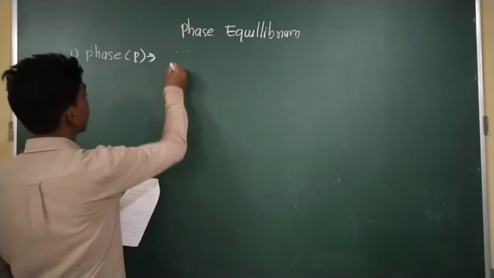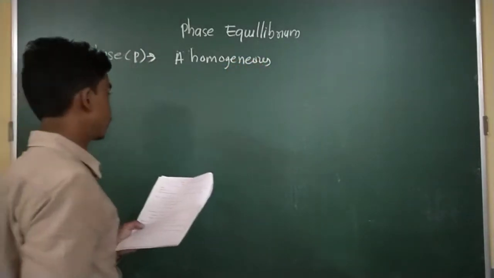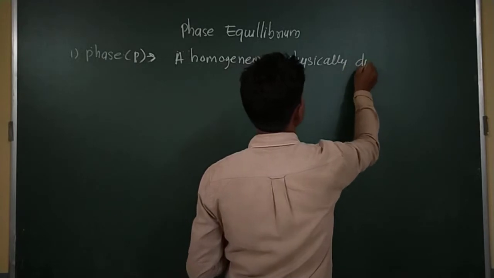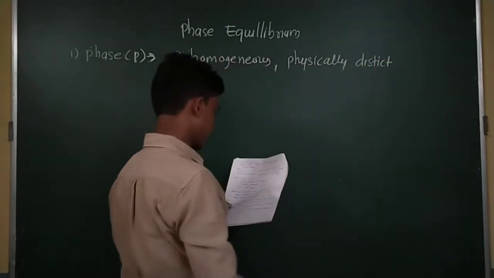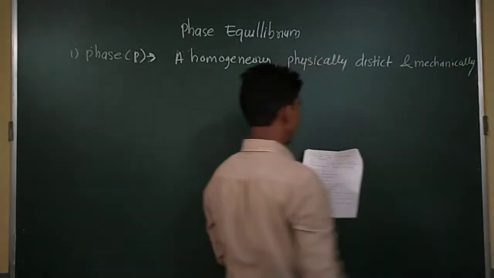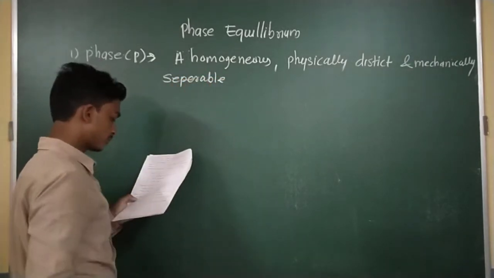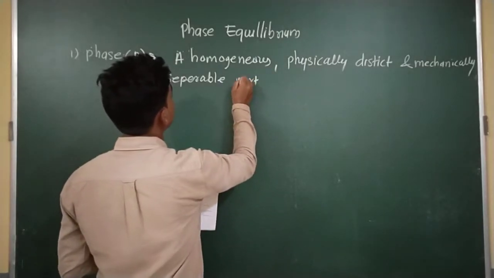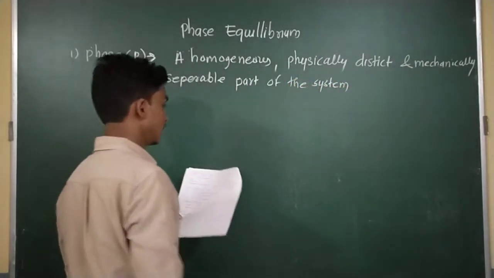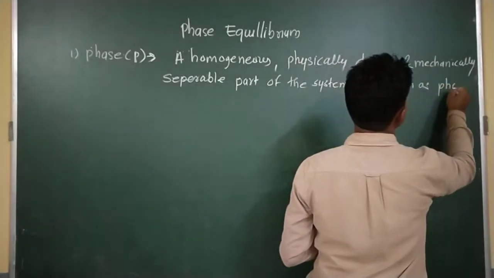What is meant by phase? The definition of phase is: a homogeneous, physically distinct and mechanically separable part of the system is known as a phase.